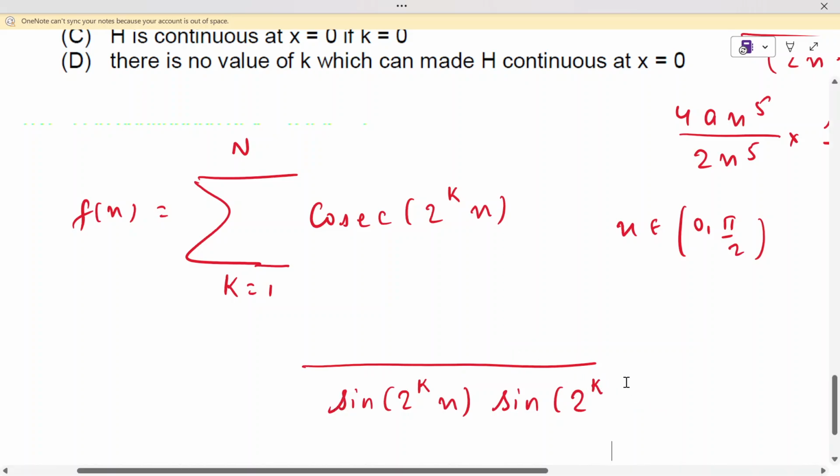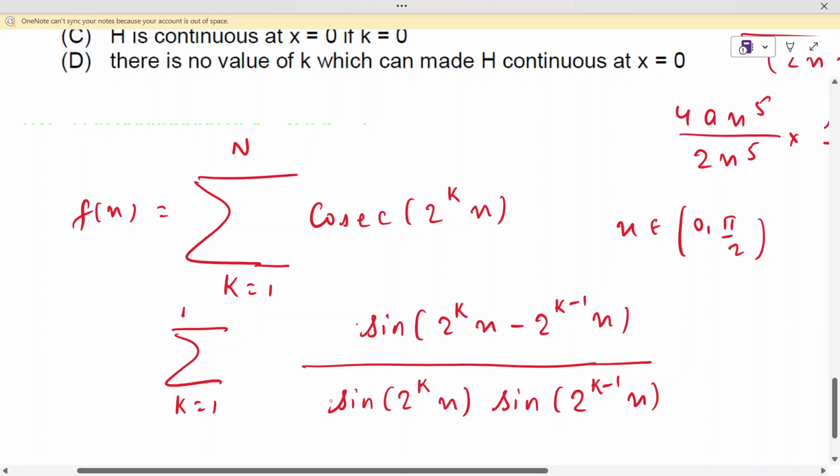Let's say I'm doing it with k minus 1. Sin 2 to the power k minus 1, I'm multiplying the numerator and denominator with. Clear? 2 to the power kx and minus 2 to the power k minus 1 into x. They will be the same thing, right? Because if I take out the common 2 to the power k minus 1 x, 2x minus x again, right?